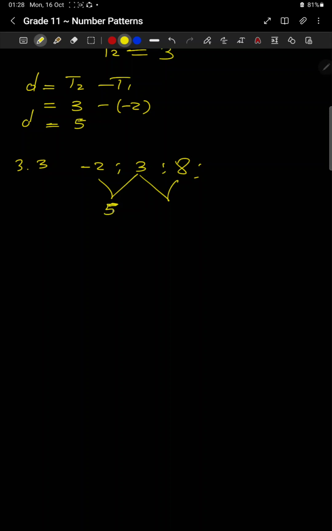So 5 plus negative 2 is 3, and 5 plus 3 is 8. Also 5 plus 8 is 13, and because it is linear, 5 plus 13 is 18, and so on.